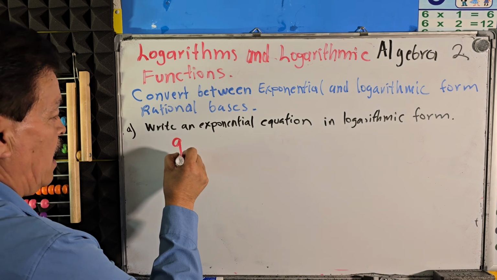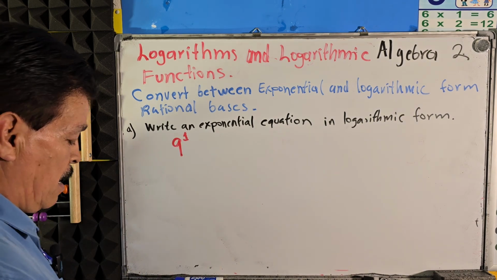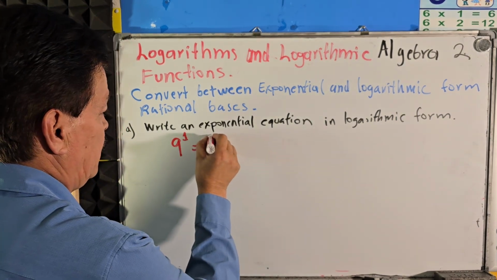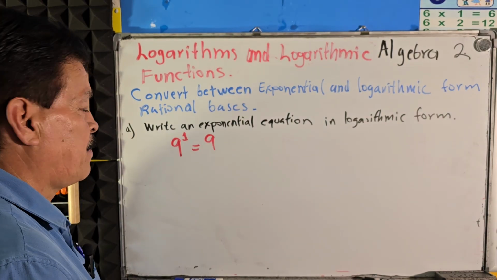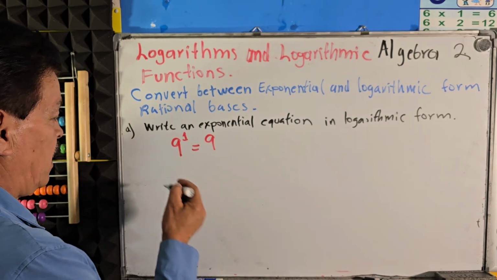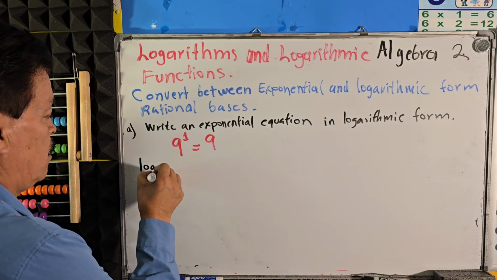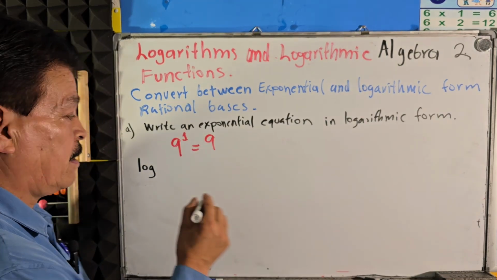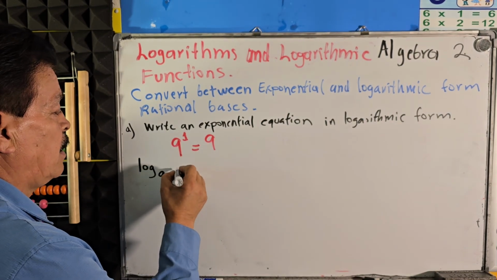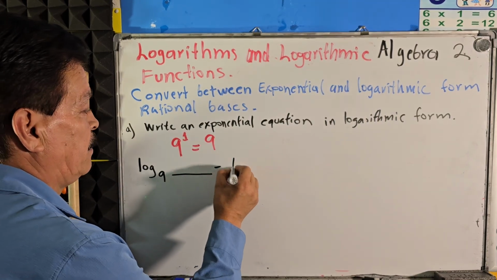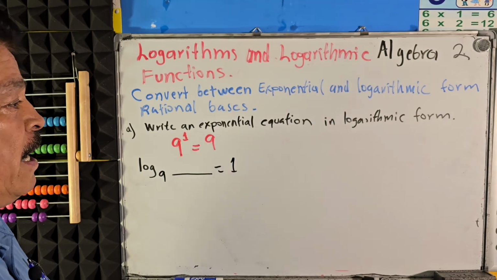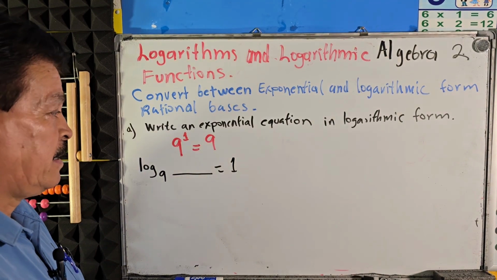Let's write 9 to the first power equals 9. So in log form, we have to write log base 9 of 9, and what is the answer? Equals 1. So it will be very simple.